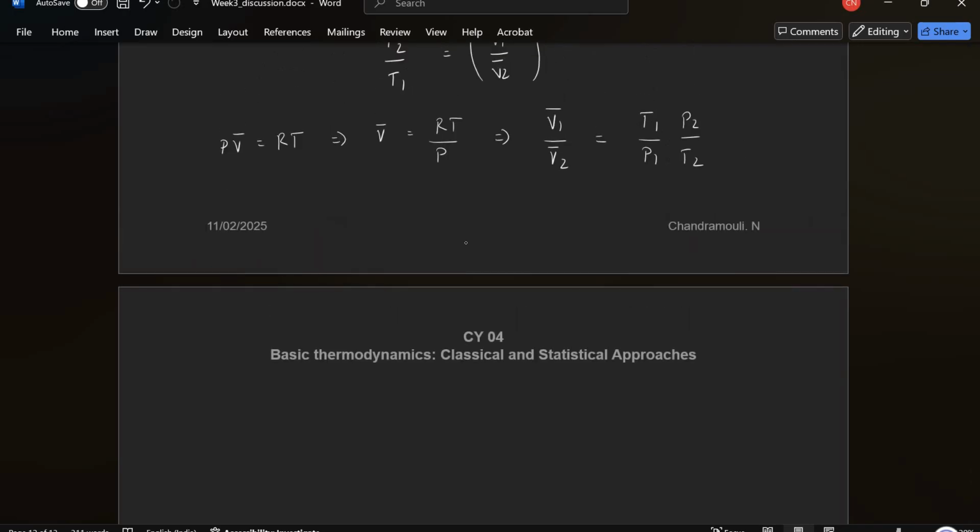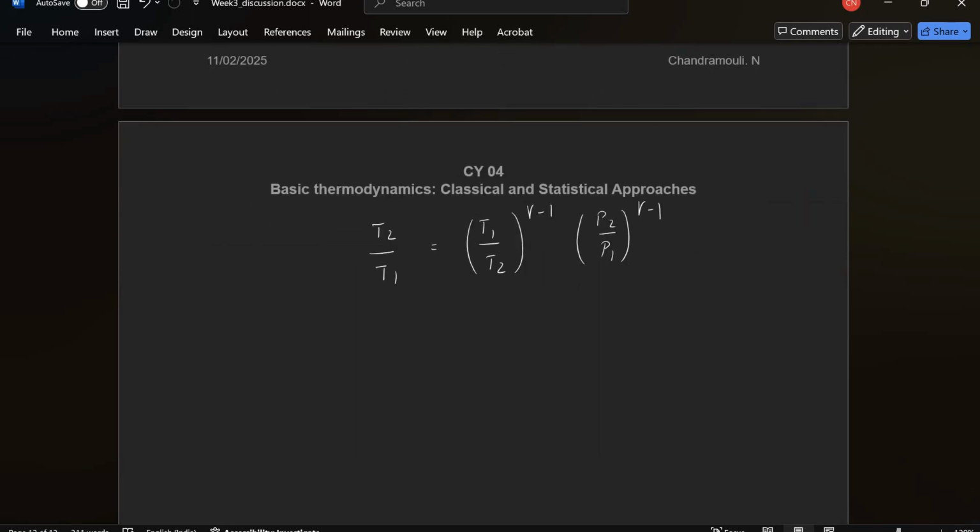So now we have T2 by T1 equal to (P2 by P1) raised to gamma minus 1 by gamma. Now this is quite straightforward.